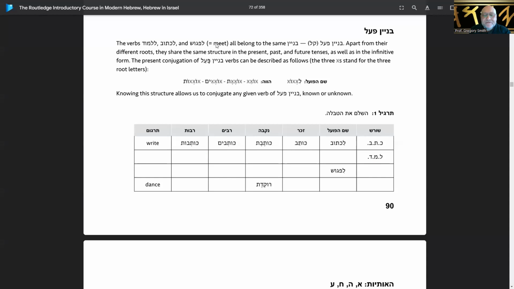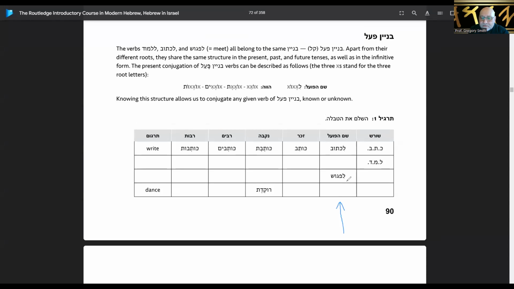Okay, so now in this part here, they only give us one clue. Well, guess what? If you know the binyan well enough, you can extrapolate every single one of these sections if you're familiar enough with the pattern.